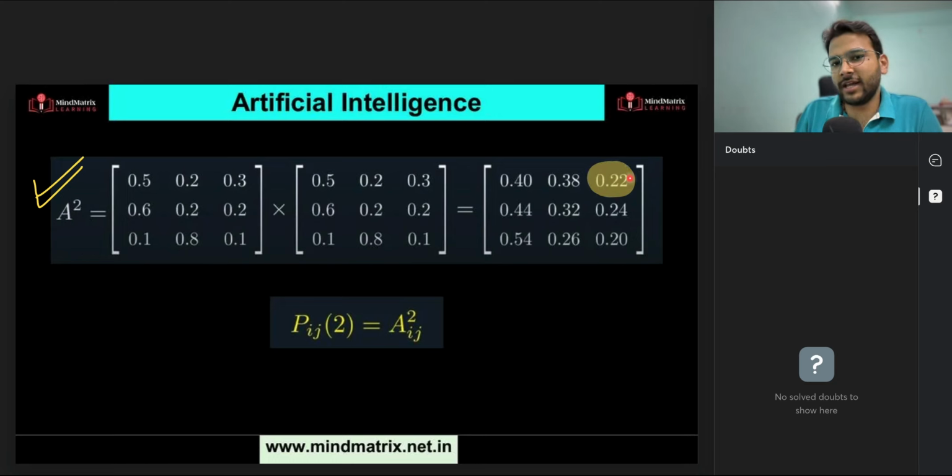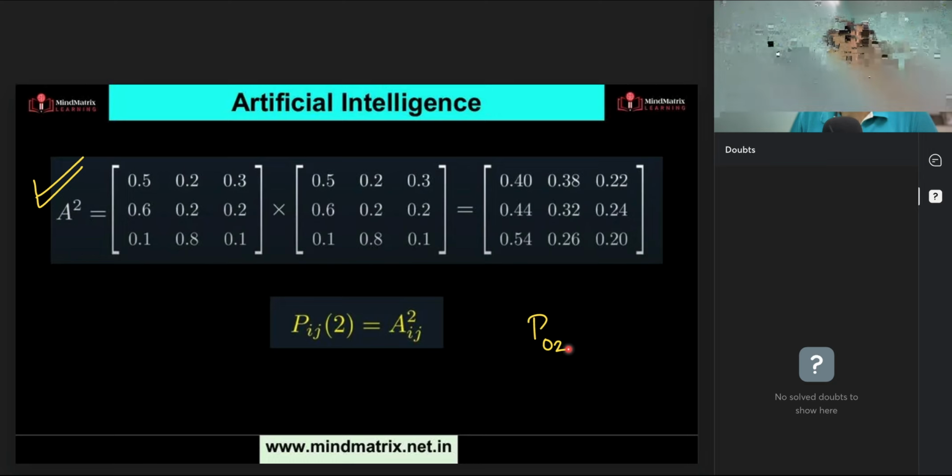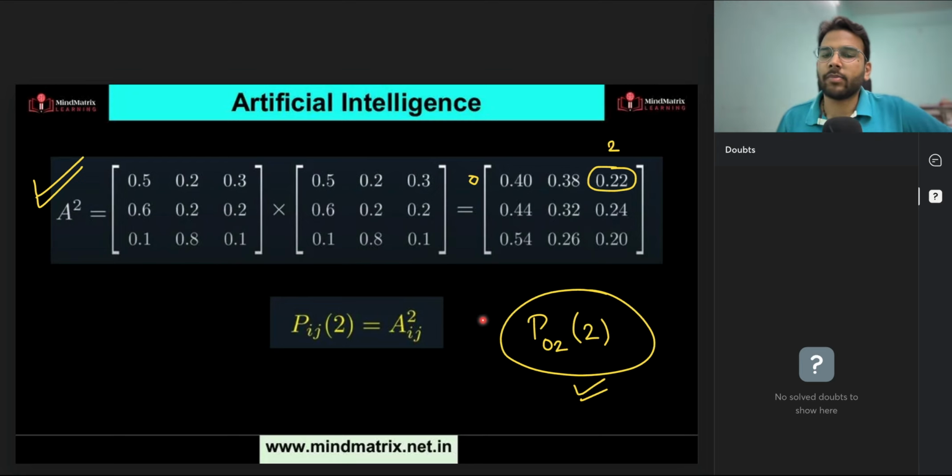Can I say it's the same value that we were getting after computing it when I was talking about P of 0 to 2 in exactly 2 steps? Is it clear or not? Again, there is lag for some time.